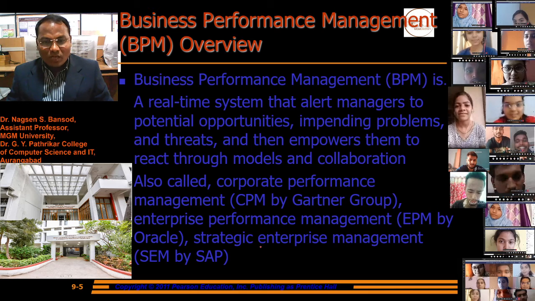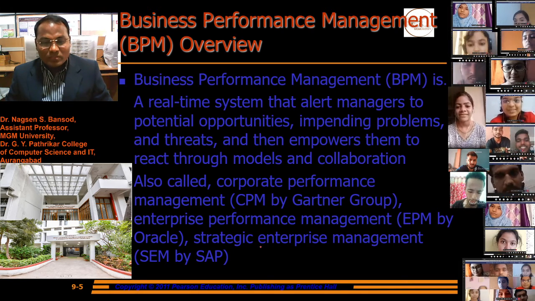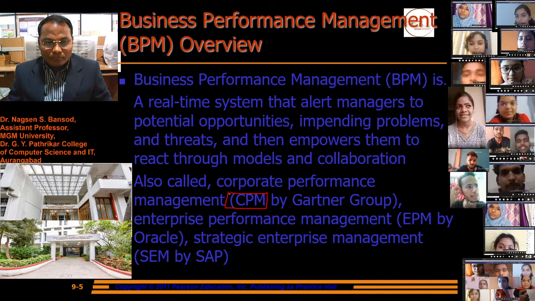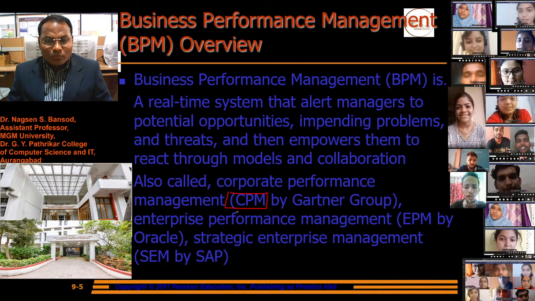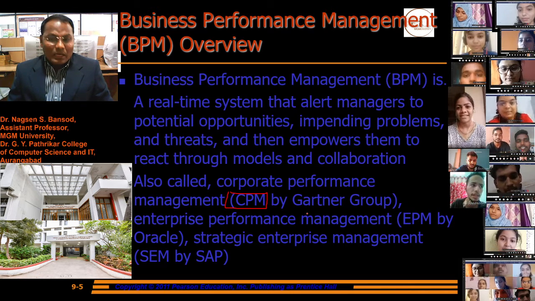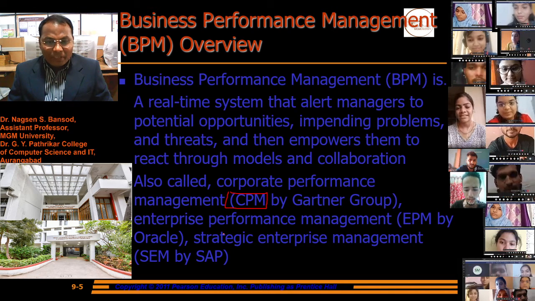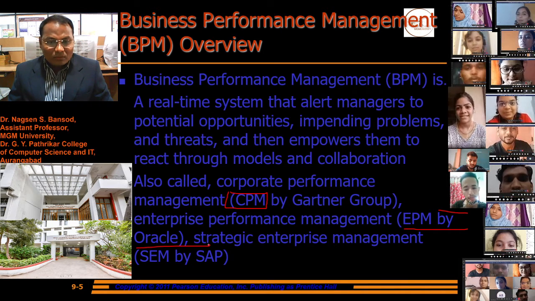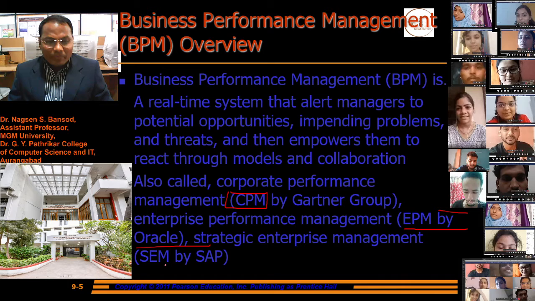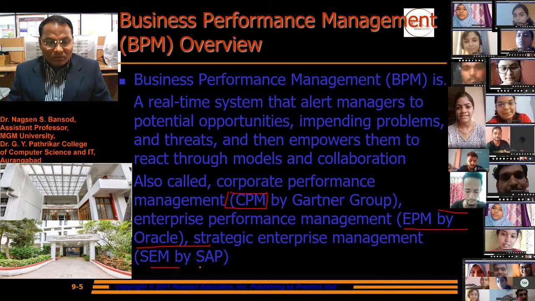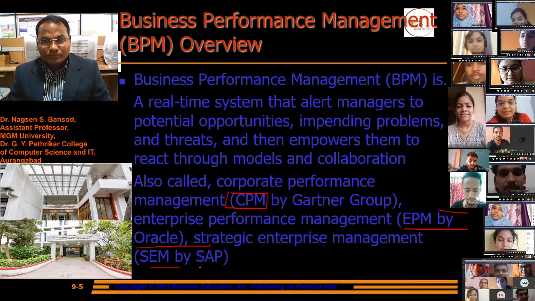It is also called corporate performance management, CPM, by the Gartner Group, enterprise performance management by Oracle, and strategic enterprise management by SAP.